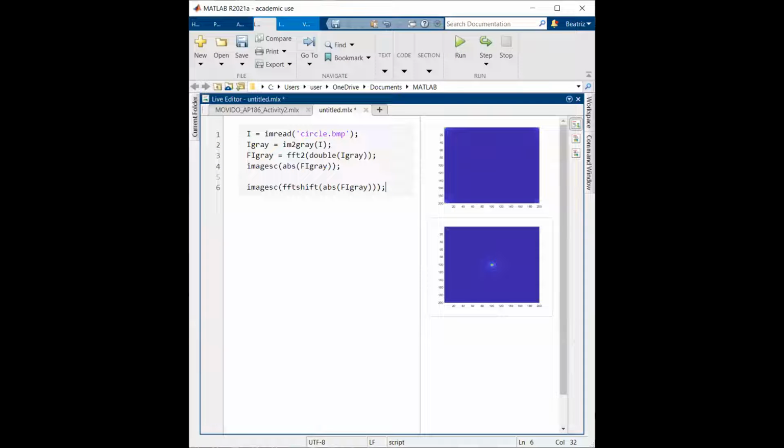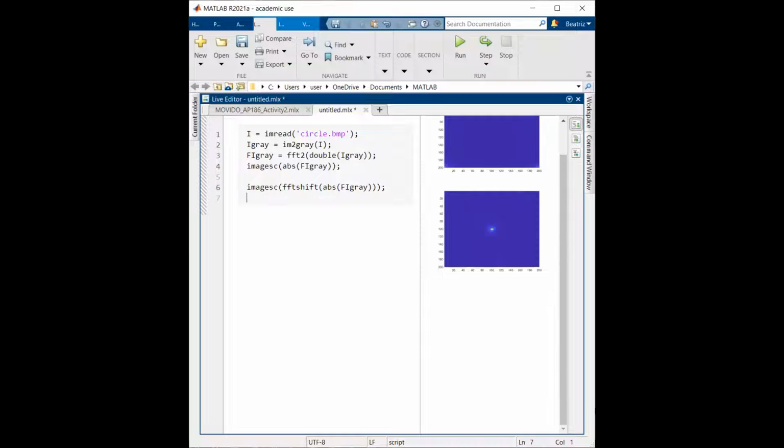Yung zero frequency. Now, could you add a line, colormap, after this, colormap hot. Hot, yeah. Oh, you can choose, yes. Okay. Para lang mukhang laser. Okay. That's it.